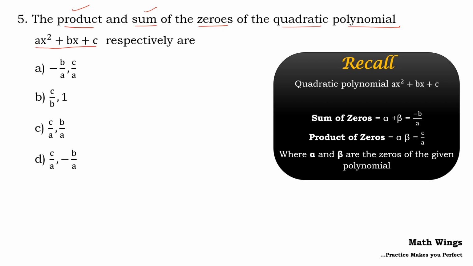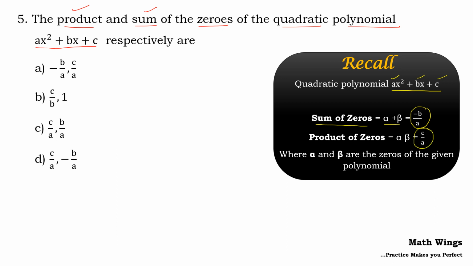When we are given the quadratic polynomial ax square plus bx plus c, we can write the sum of zeros using the relation between zeros of the polynomial and the coefficients of the polynomial. Therefore, alpha plus beta is equal to minus b by a, and the product of zeros, alpha beta, is equal to c by a.